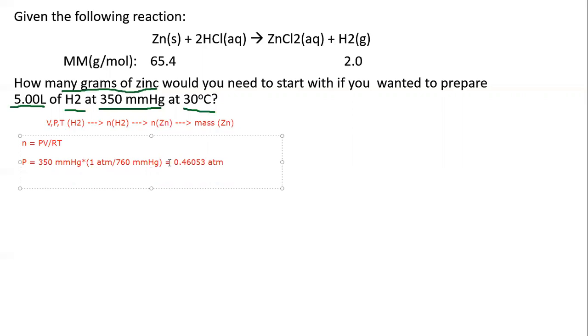We need to convert temperature into Kelvin. And our volume is in liters already. And of course the R constant.